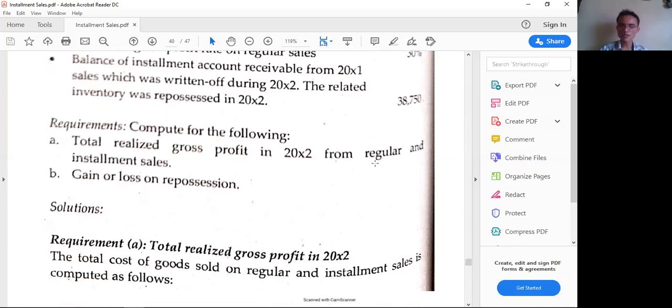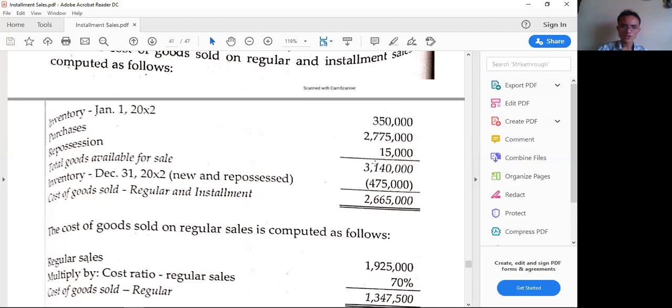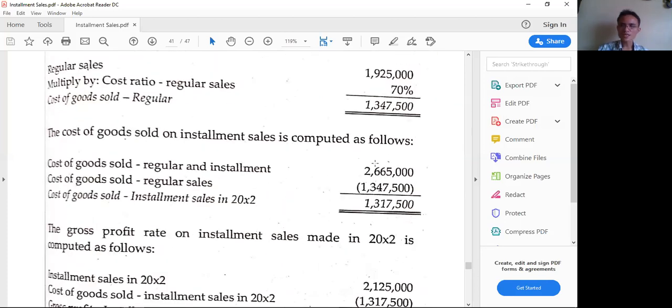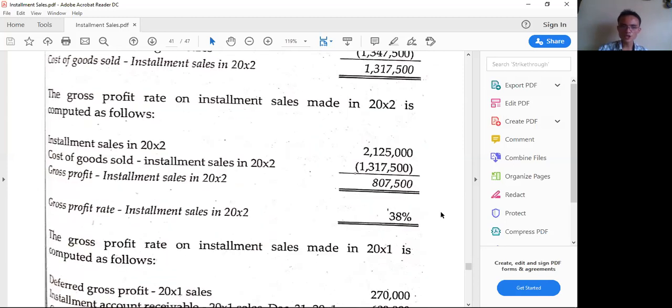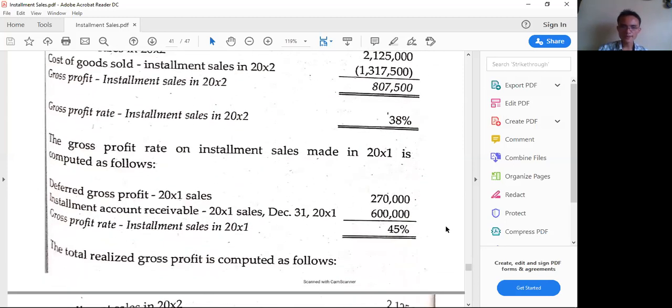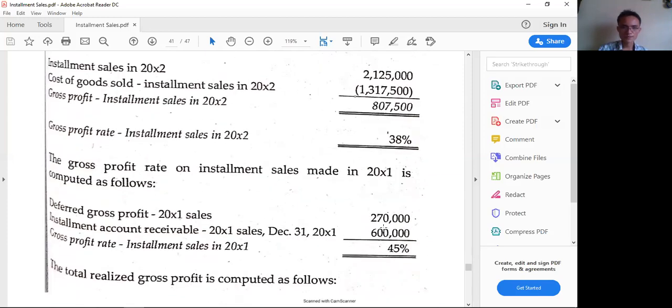Gross profit from regular is entirely realized because that is under PFRS 15. Installment sales is a deviation from PFRS 15. Therefore, we have to use the concepts that we have learned in the other sessions. Okay, so remember, we need the gross profit rate to compute the realized gross profit for our installment sales.